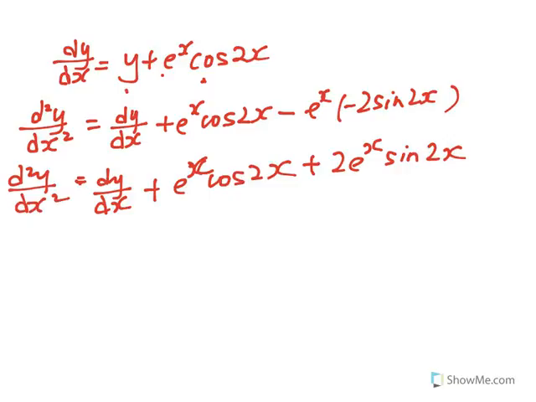And after, are we there yet? No, we are not quite there yet. So we need to show that d2y/dx² is equal to 2 dy/dx minus 5y. So what is minus 5? Let's take a look and see. This is e to the power x cos 2x. This is e to the power x sine 2x.